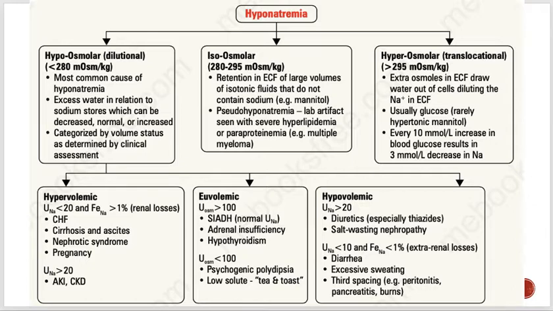So what happens, there is adaptation. The brain normalizes its volume through the loss of cellular electrolytes within hours and organic osmolytes within days. Okay, so there are some adaptive measures.